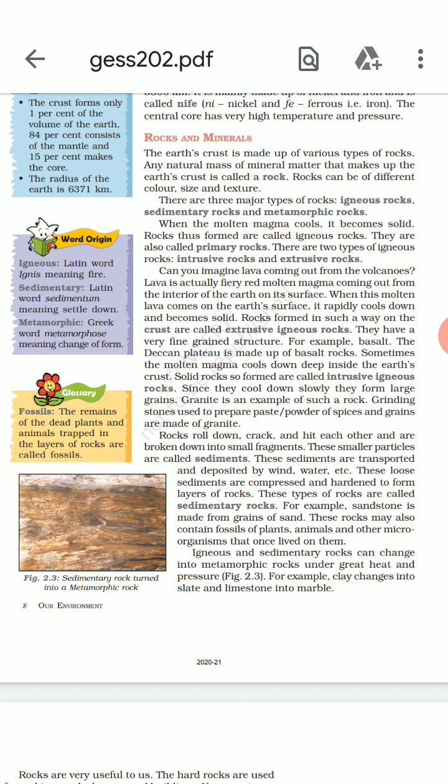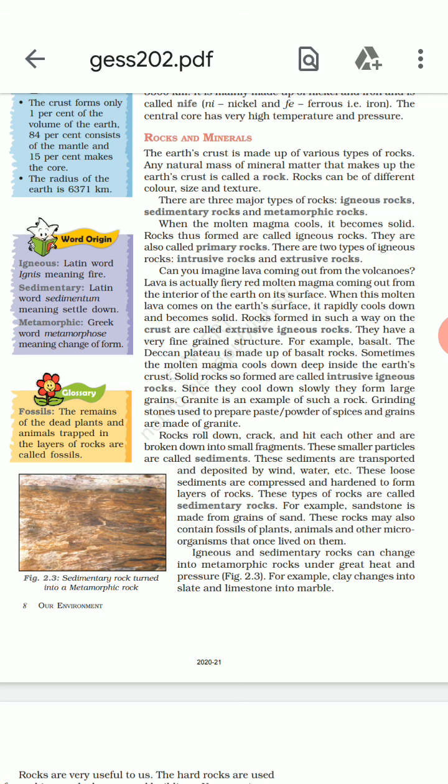Sometimes the molten magma cools down deep inside the earth's crust. Solid rocks so formed are called intrusive igneous rocks. But sometimes what happens is that the molten magma cools down inside the earth.